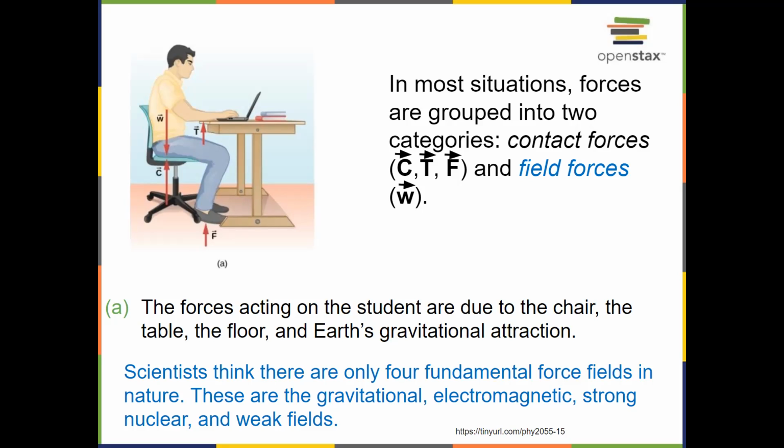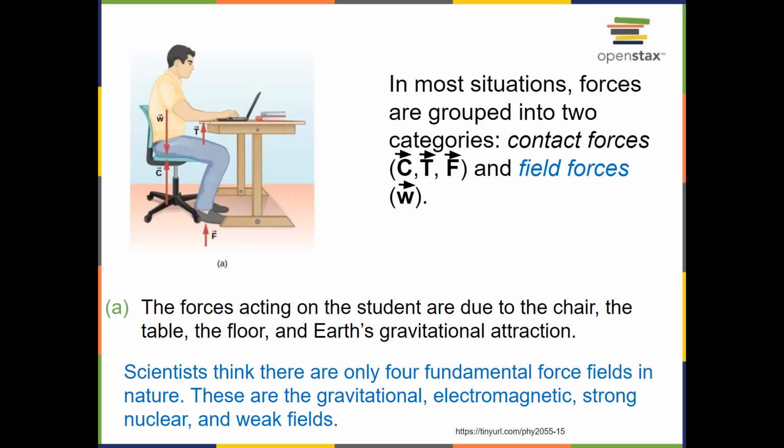Among those different forces, they are actually divided into two categories. One is called the contact force. So for example, for this C, T, and F, they are based on you having a contact between two objects.